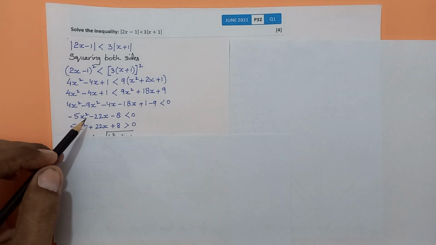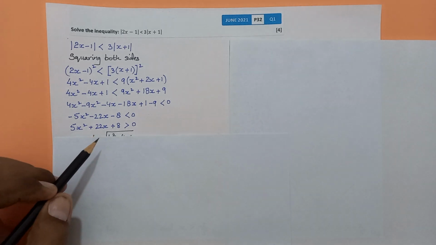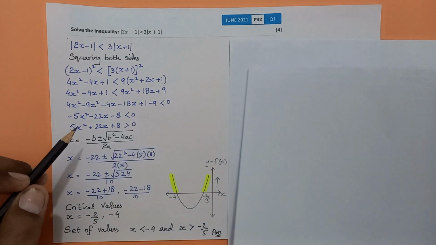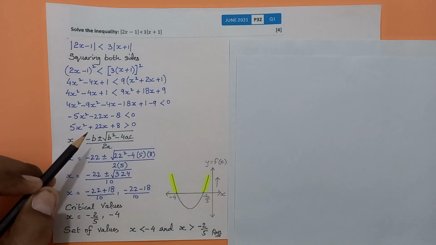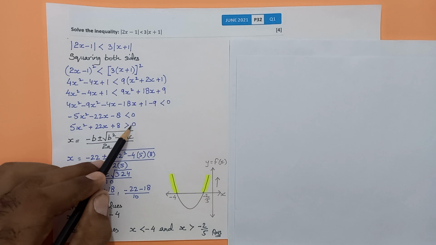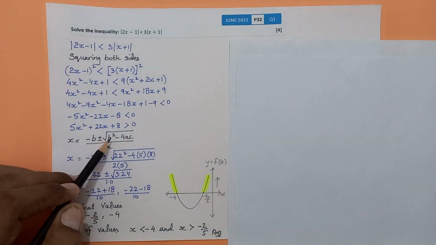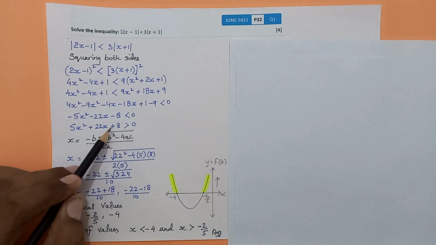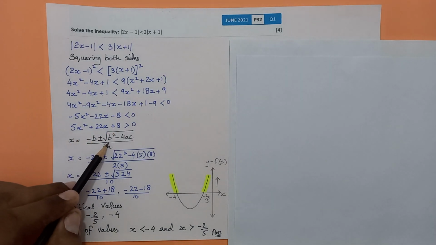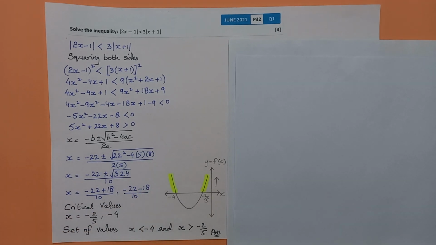For finding the critical values, we use the quadratic formula, and the values we get are the values of x on the x-axis, because this inequality is greater than or less than 0, that means y is 0. We get the two values, which are also called the x-intercepts.